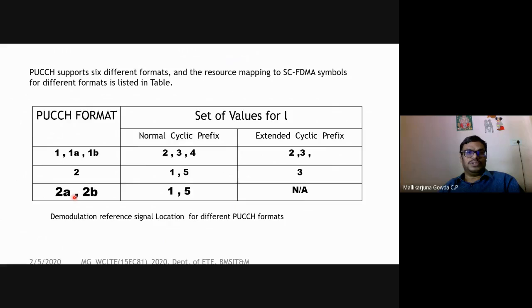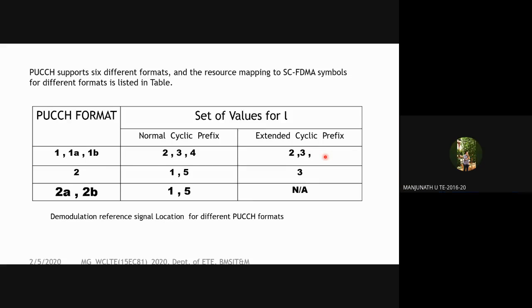Right. For 2, 2A, 2B, I said it is 1 and 5. That I have shown. For extended CP, it is 2, 3 for format 1, 1A, 1B. For format 2, it is only 3. Okay. For 2A, 2B, it is not applicable there. Okay, sir. Accordingly, you can write in that PRB. Okay. Okay, sir.